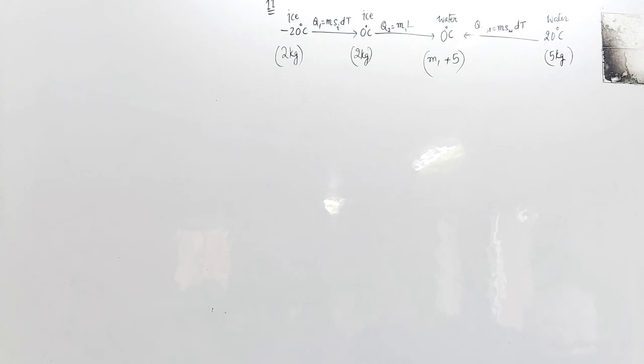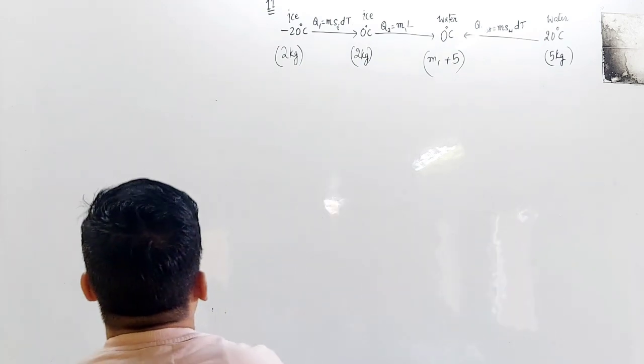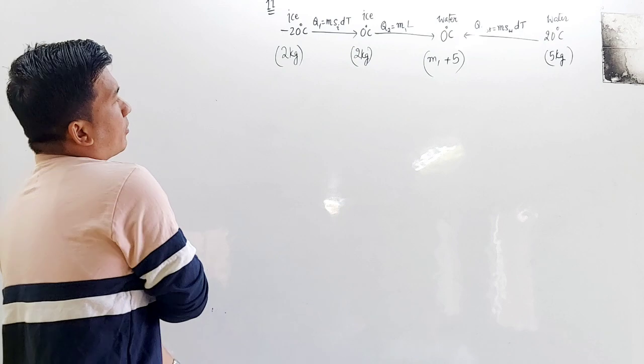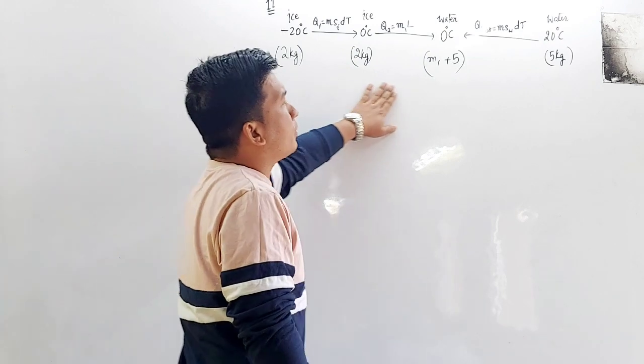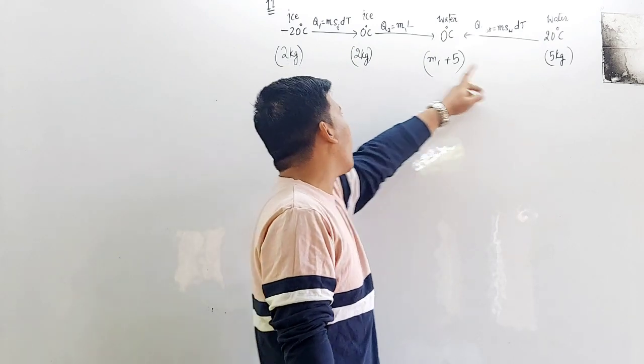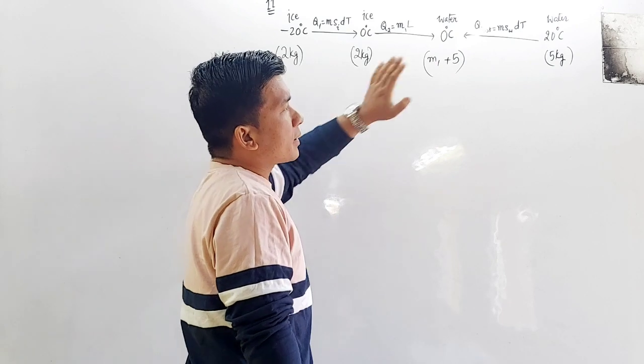We cannot take complete melting, because the mass of the water in comparison with the mass of the ice is very less.